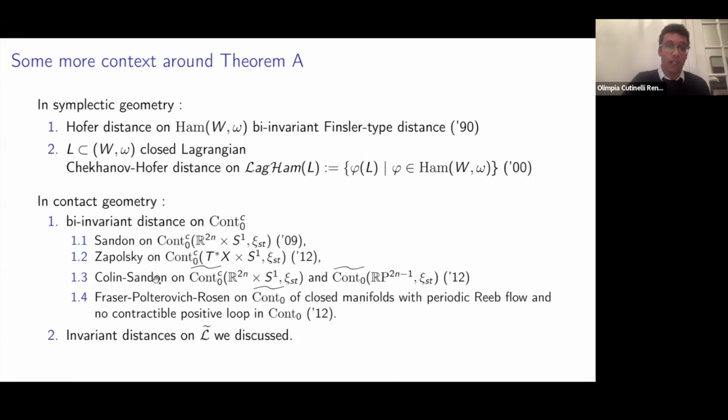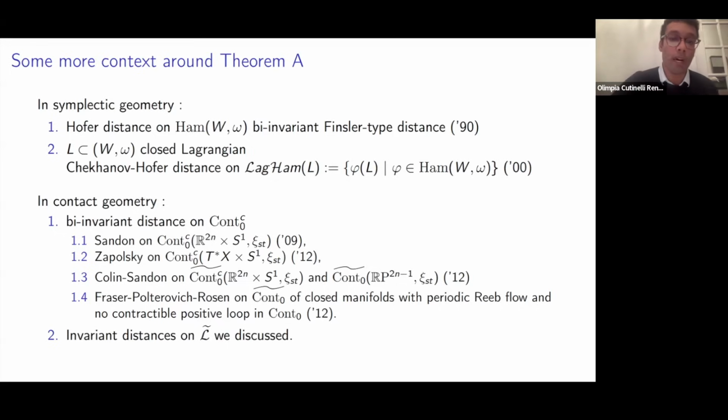The Colin-Sandon distance on the universal cover is also called the discriminant distance, which allowed them to define this discriminant distance on the space of Legendrians. And the distance of Fraser, Polterovich, Rosen on the space of contactomorphisms is in some sense the one we considered with Simon Allais to construct our distance on the space of Legendrians.